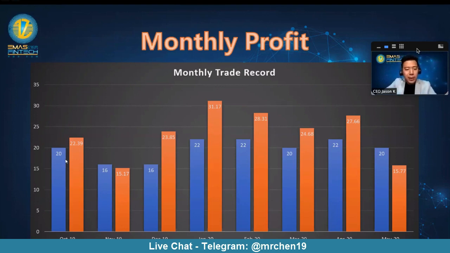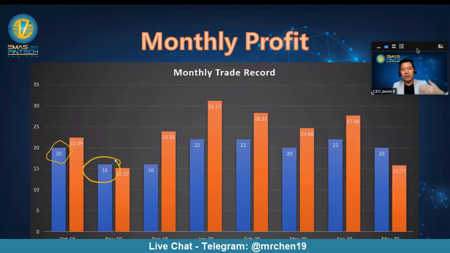As you can see here, the blue bar states the number of trades. Here it is 20. 20 means 10 opportunities of trading, because we are trading on a round trip basis. The lowest is 16, which means 8 times.